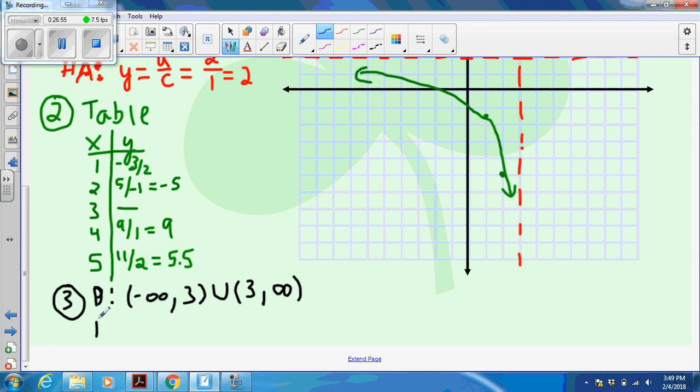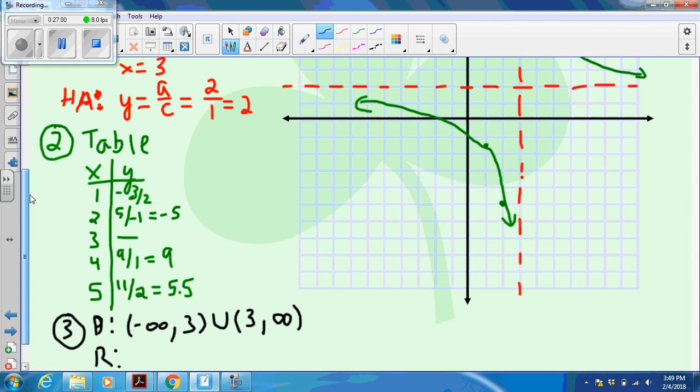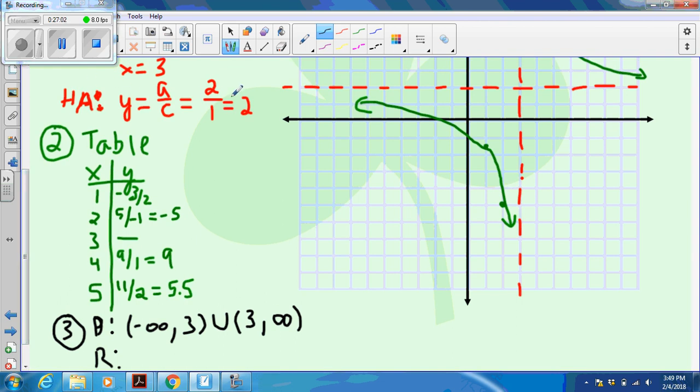Then for our range, the range deals with our horizontal asymptote. We found our horizontal asymptote was at 2. So remember, using the same form here, we go from -infinity to our horizontal asymptote, which is 2, and then union sign, from 2 to infinity.